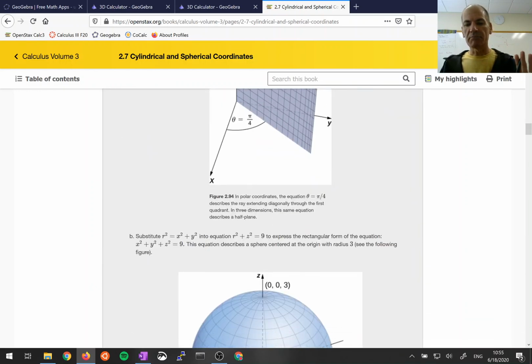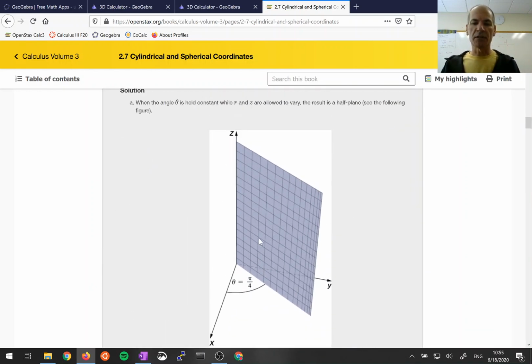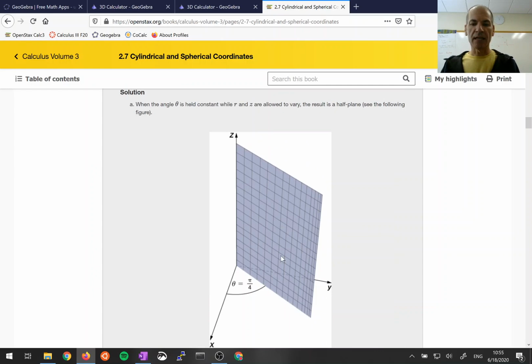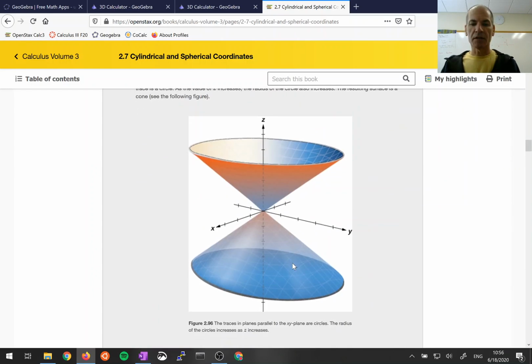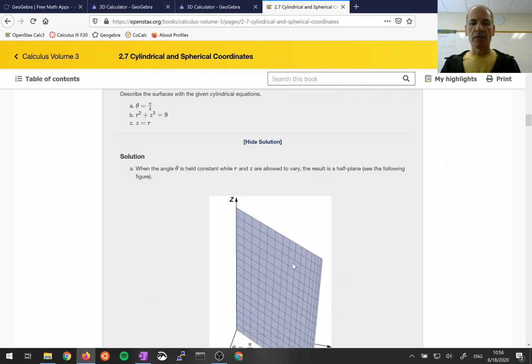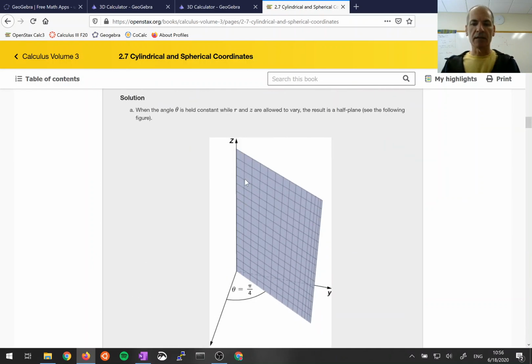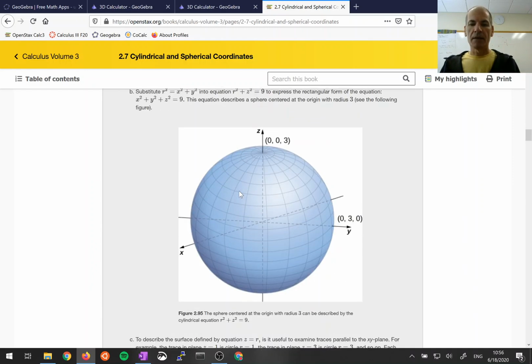Now, depending on your convention, just a review here: here's the plane, here's the sphere, and here's the cone. In my opinion, this plane extends indefinitely down below the xy plane, and it extends indefinitely back in the other direction, on the other side of the z-axis here. So this plane is infinite in all directions. Here's the sphere.